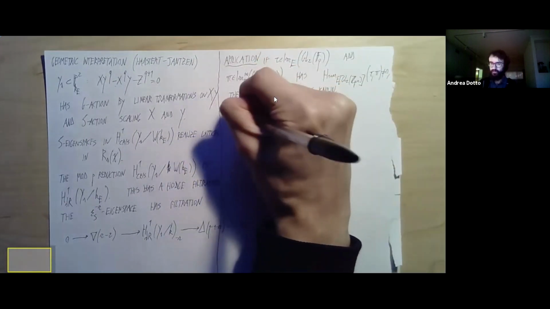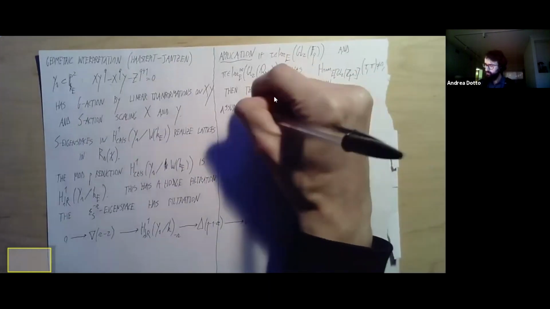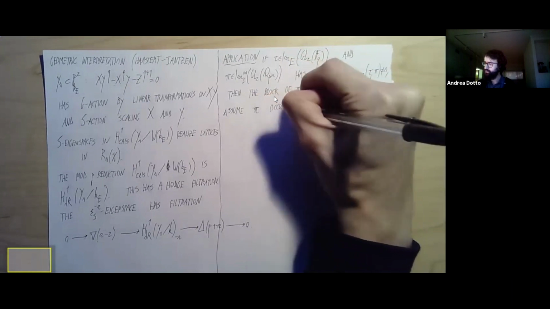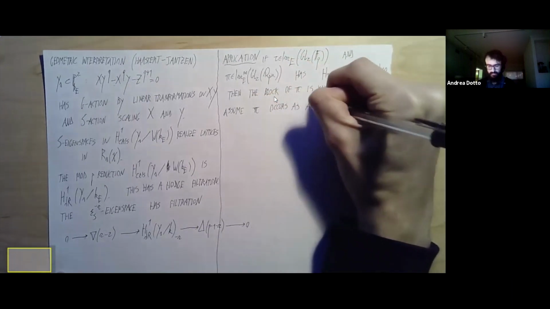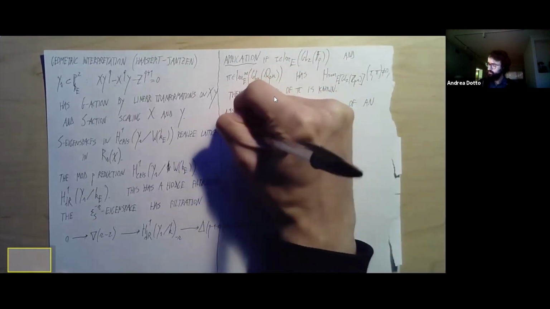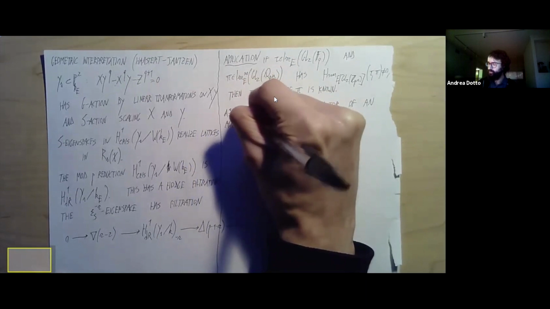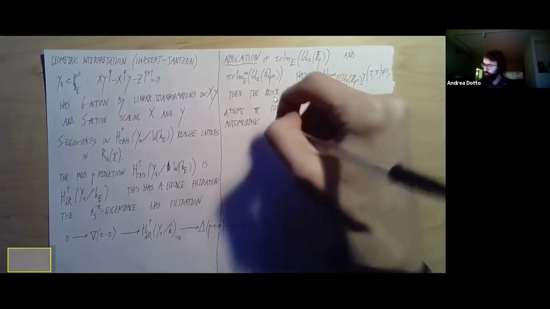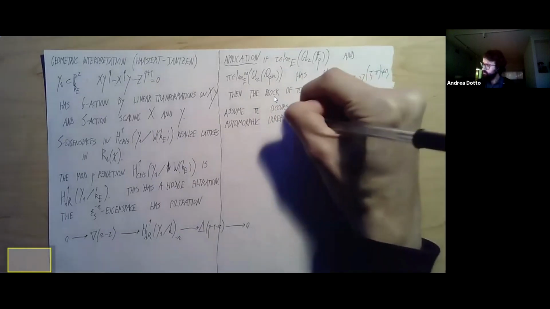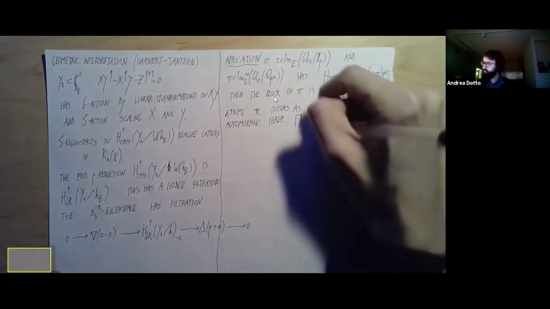You can give yourself a globalization of pi. So you assume that pi occurs as a factor of an automorphic irreducible representation, which I'm going to call capital Pi. I don't really want to say much about the context in which they show up.